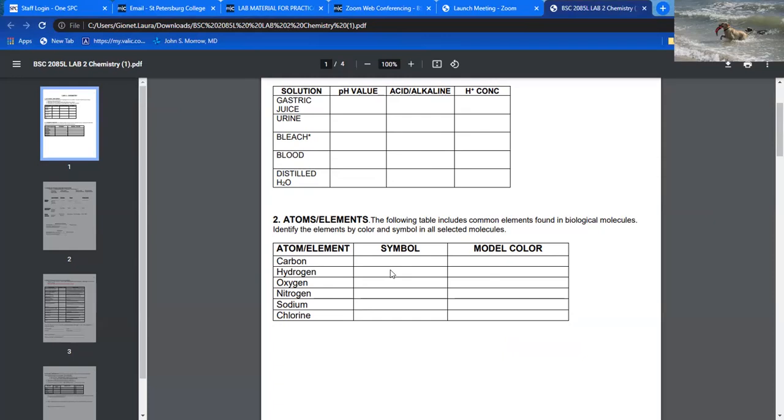Then we have hydrogen with a capital H. Its model color is red. Oxygen is capital O, its model color is white. Nitrogen, the symbol is capital N, its model color is blue.